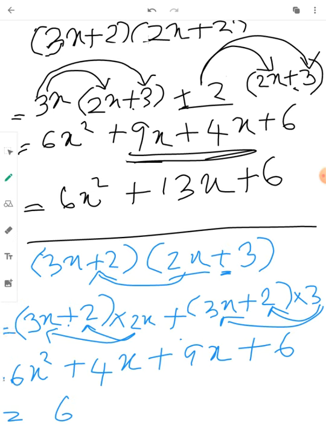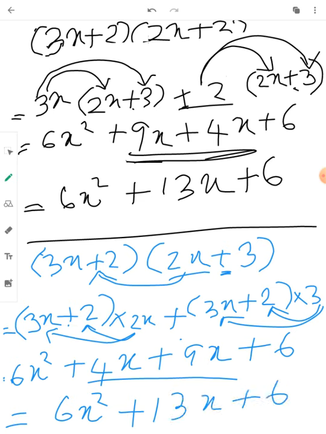So this is equal, not 2. Okay, just equal. We will erase and rewrite it. Equal 6x squared plus 4x plus 9x is 13x plus 6. Is that clear?